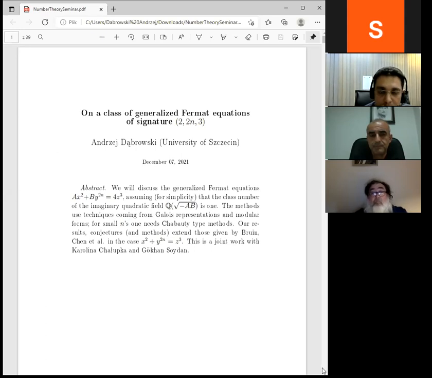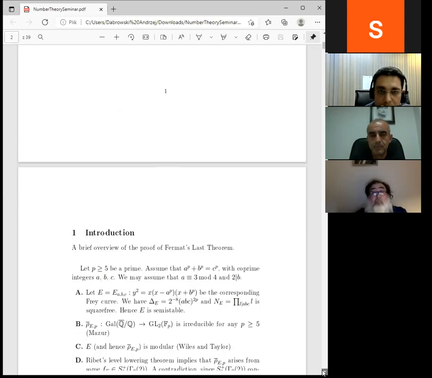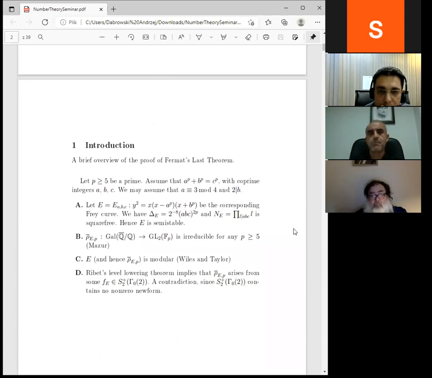So next, some very brief introduction: a short overview of the proof of Fermat's last theorem. The proof is usually explained in 4 steps.